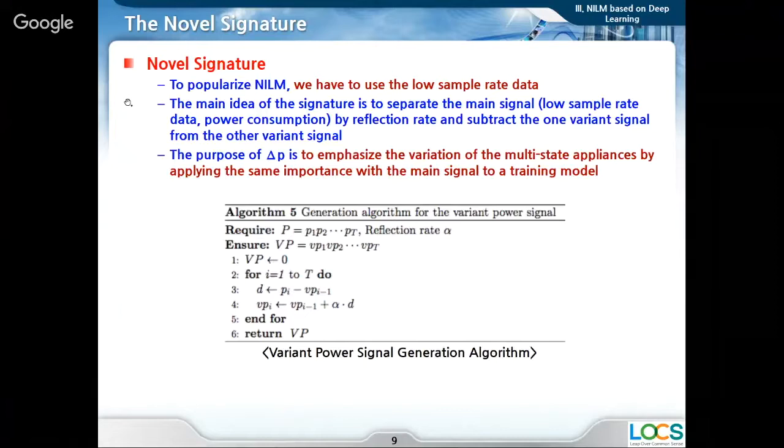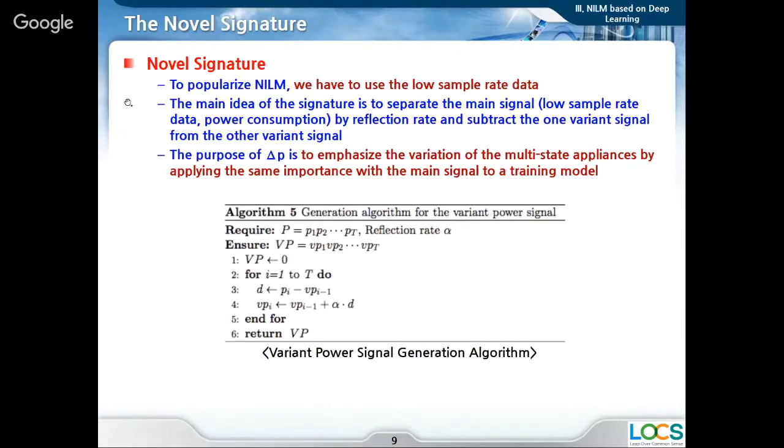The original power signal P and the reflection rate alpha are required, and the output is the variant power signals. In the first step, the variant power VP is initialized to zero, and in the second step, the for loop starts from 1 to T, the length of the time sequence.